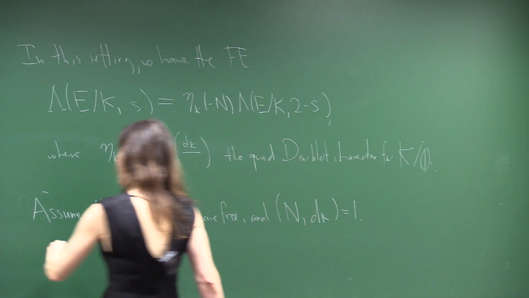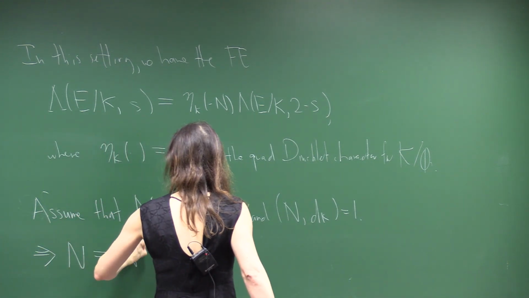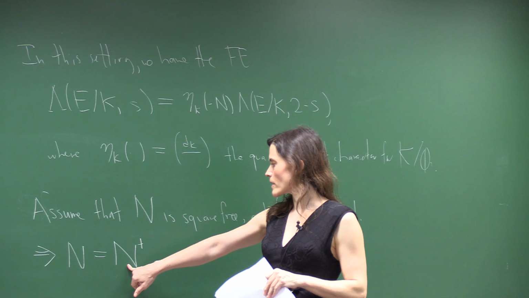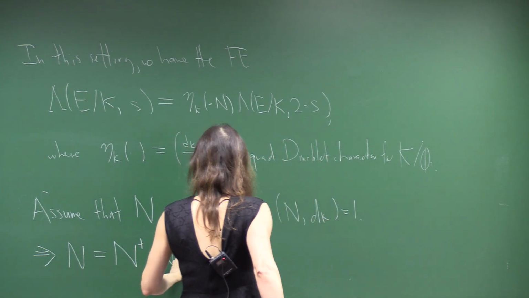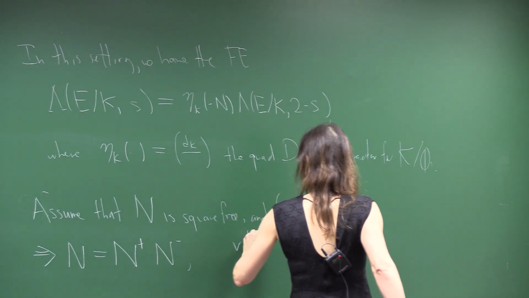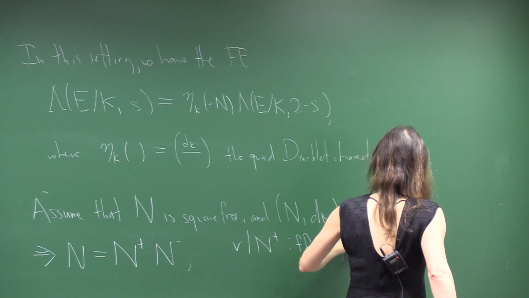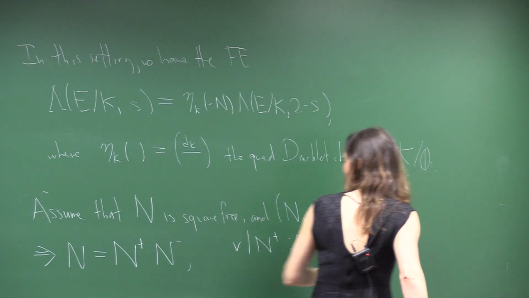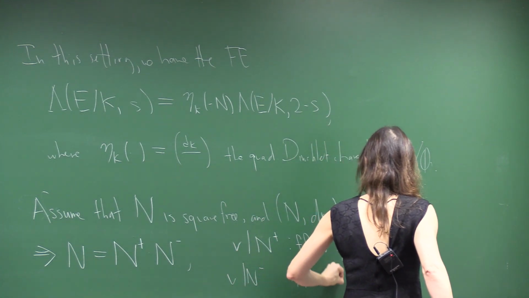What that means is you can decompose N into a product of a square free product of primes which split in K times the square free product of primes that remain inert in K. So v divides N plus if and only if v splits in K, and v divides the inert level if and only if v is inert.